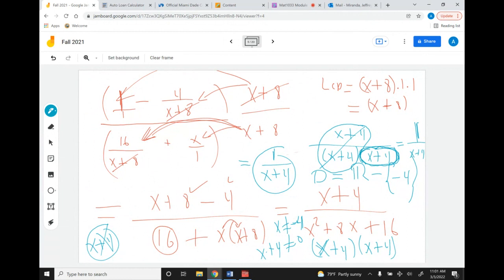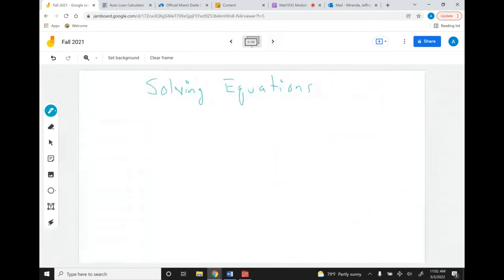Okay. Notice that here I had this ugly thing and I did a bunch of steps and all of this simplified to this. That's not solving. That is simplifying or combining. Okay. This time I'm going to solve an equation. Let me show you what it looks like. This is just one example.